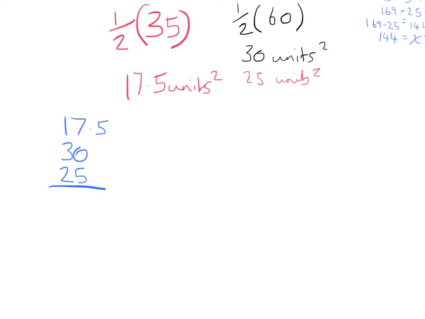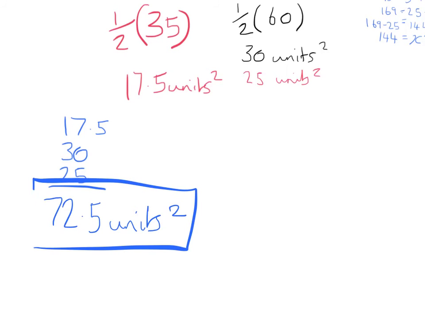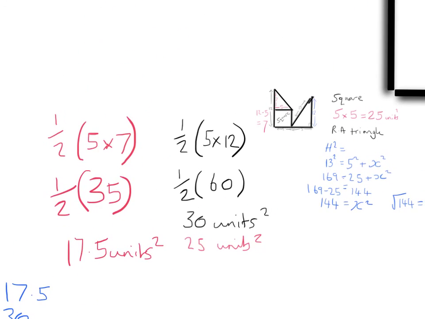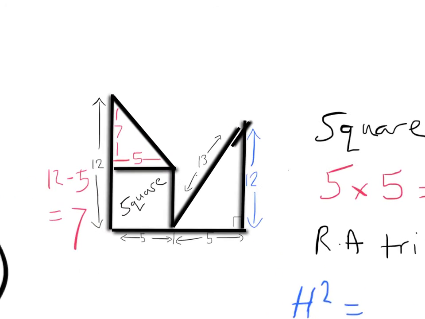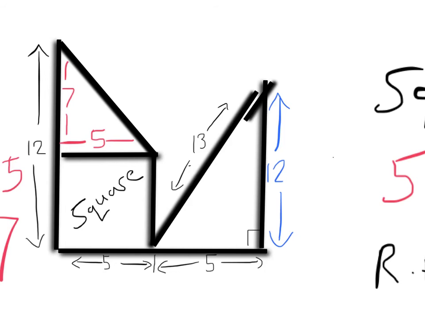So 17 and a half plus 30 plus 25 is going to give us 72.5 units squared. And that is the area of this composite 2D shape.